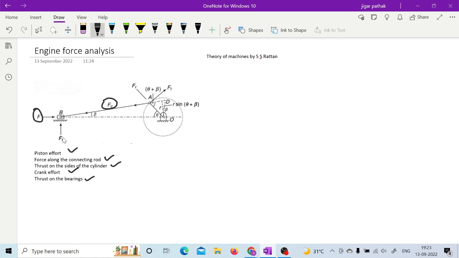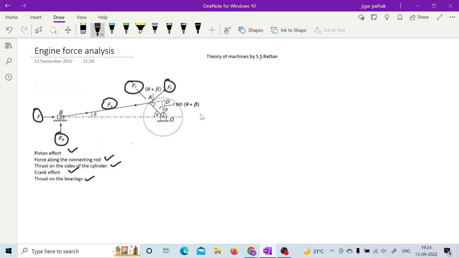Then thrust on the sides of the cylinder is mentioned by Fn. Then crank effort is given by Ft, right? And the thrust on the bearing is mentioned by Fr, as it is mentioned over here. So we will see what are the different forces acting in this mechanism, right?